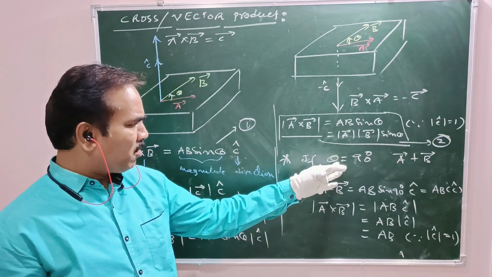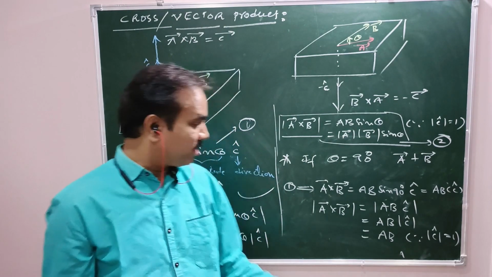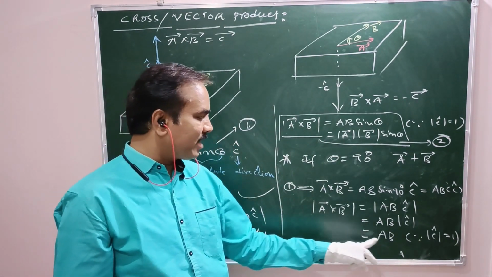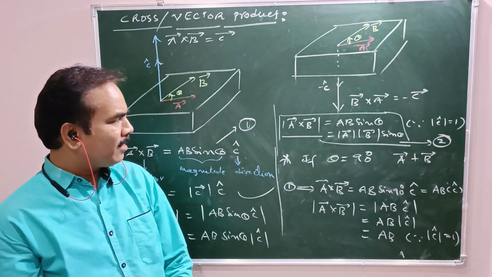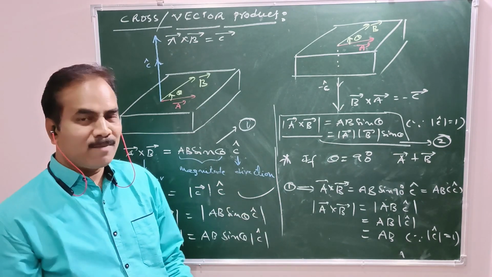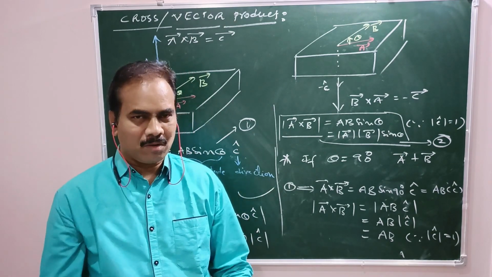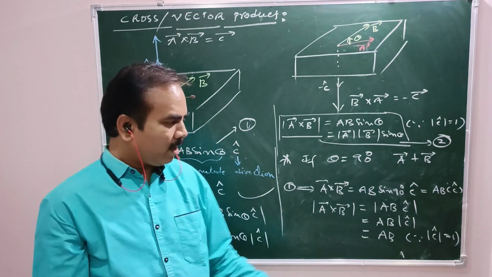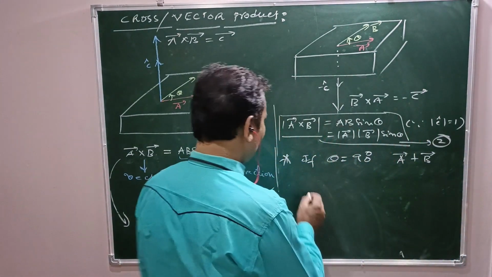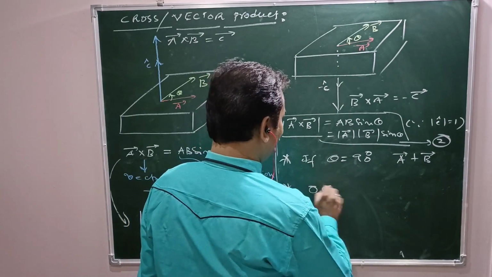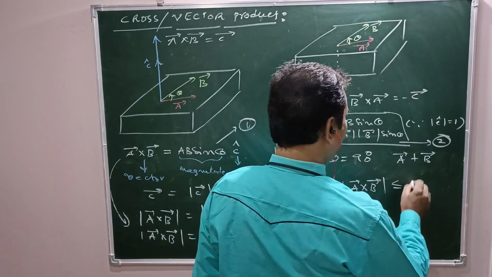If two given non-zero vectors are perpendicular to each other, the magnitude of their cross product is equal to the product of their magnitudes, that is AB. On clubbing the previous result, where the modulus of A bar cross B bar is 0, and the present result, AB, we have 0 less than or equal to mod A bar cross B bar less than or equal to AB.